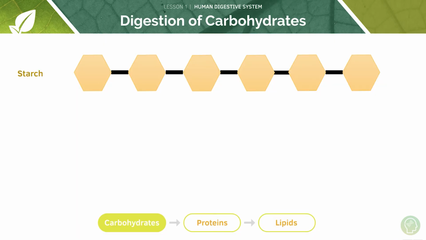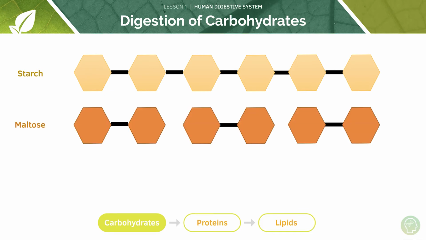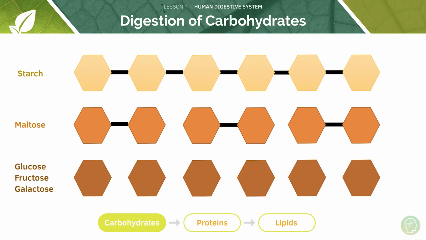So let's have a look at the digestion of carbohydrates. Let's look at the largest form of a carbohydrate, which is a starch molecule, which is many, many individual units joined together. This is broken down by carbohydrase enzymes into maltose, which can then be broken down even further into glucose, fructose and galactose.